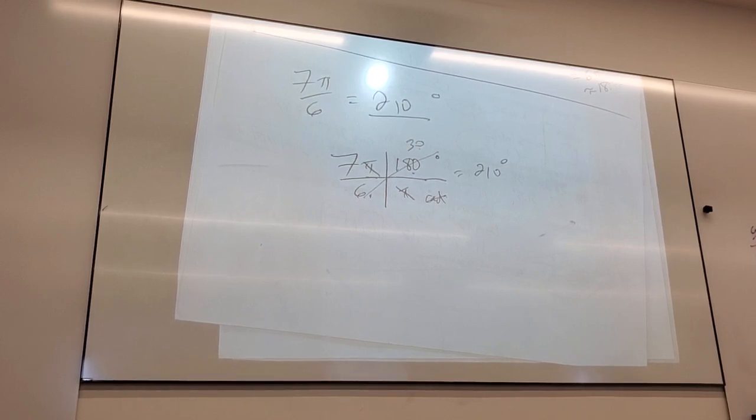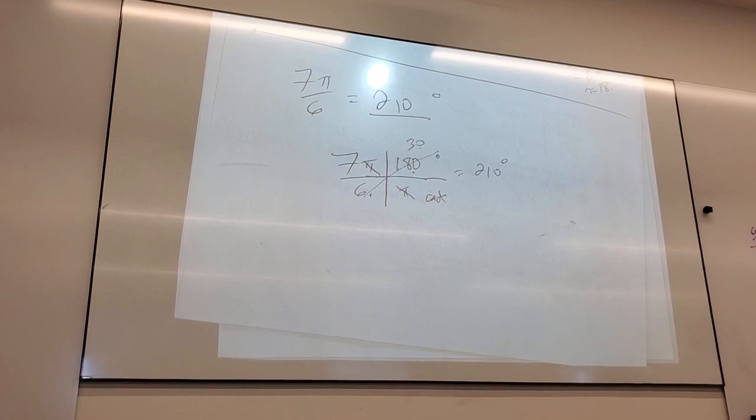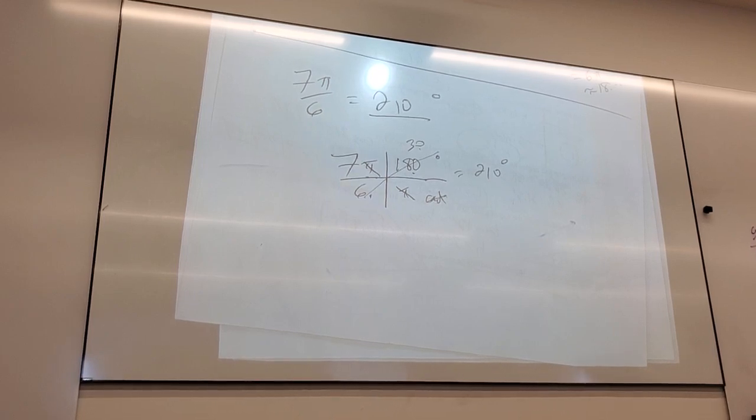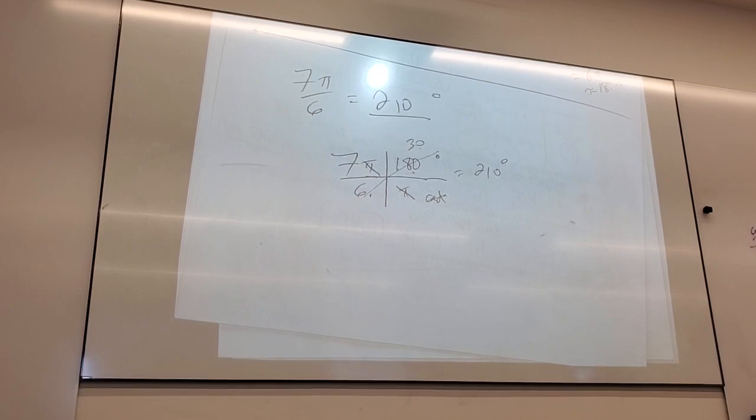What do I replace feet with? Replace foot with 12, 4 times 12. So pi radians is how many degrees? 180. So I replace pi with 180. That's the shortcut. I don't have to do the grid if I have a pi sitting there for me.